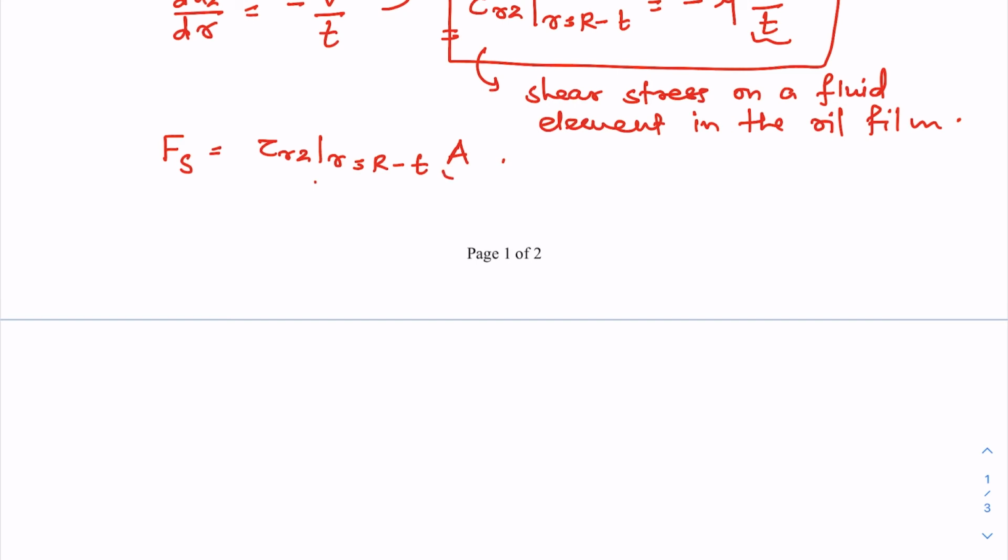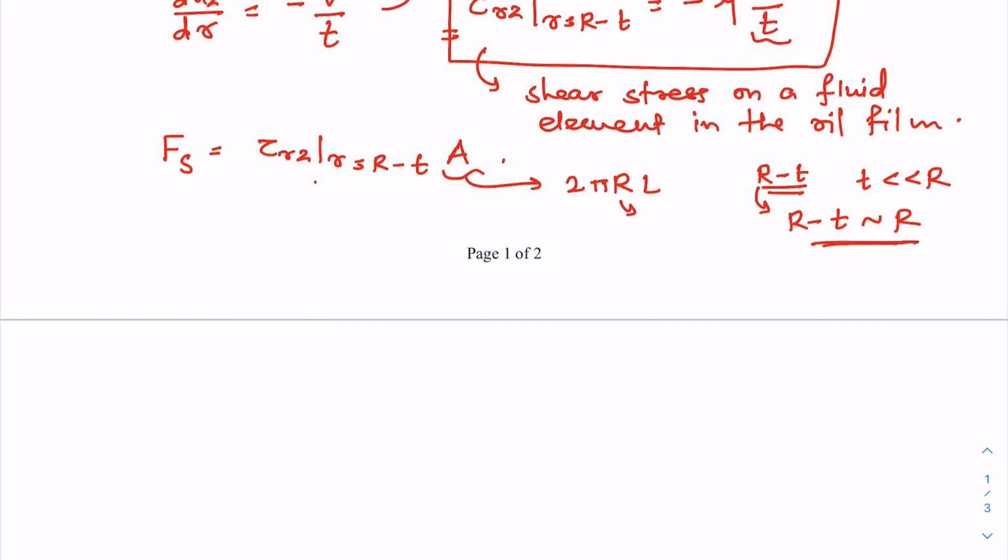The surface area here is basically the surface area of a cylinder, which is given by 2 pi r L. Again, notice that we should be using R minus t for the radius of the cylinder because R is the inner radius of the steel tube, but since t is very small compared to R, R minus t is very close to R. So we will just use R as the radius of the piston as well, and L is the piston length, which is given in the problem.